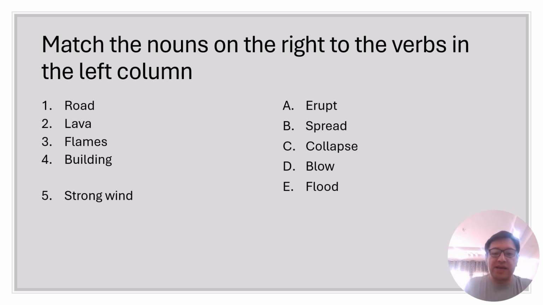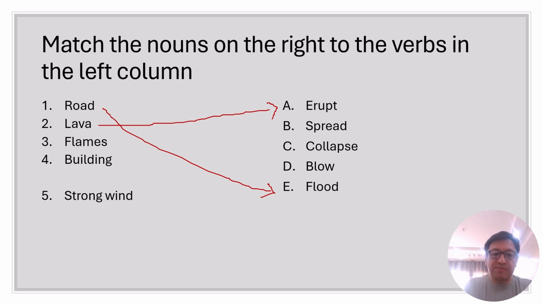Okay, now can we do that together? So I already said road will go with floods, right? That's what we discussed before you started. How about lava? Lava, oh yeah, there's an answer. Very good. Fatima says lava erupts. Well done, that's correct.